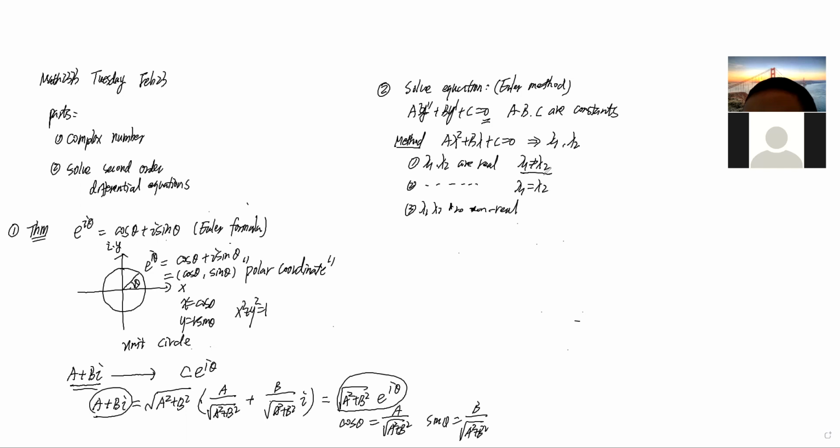If it's the first case, the solution should be C1 e^(λ1 x) plus C2 e^(λ2 x). For the second case, this is C1 e^(λx) plus C2 x e^(λx).